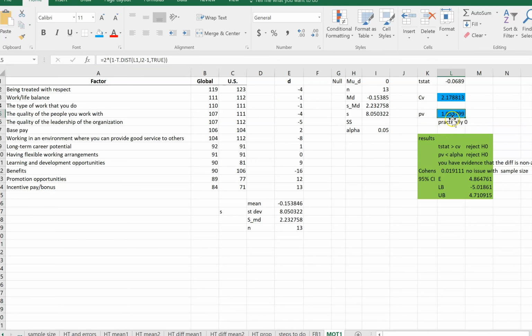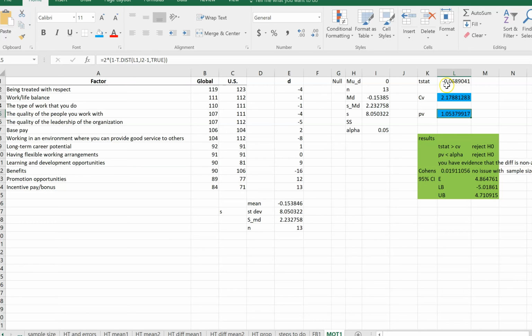You want to know what? That p-value is incorrect. And the reason the p-value is incorrect is because my t-stat is negative. The reason why I did this is I want to show you what happens if you're not careful. All right, so your t-statistic is on the negative side. Understand, once you have your test statistic, the p-value is the area more extreme, doubled when it's a two-tailed test.